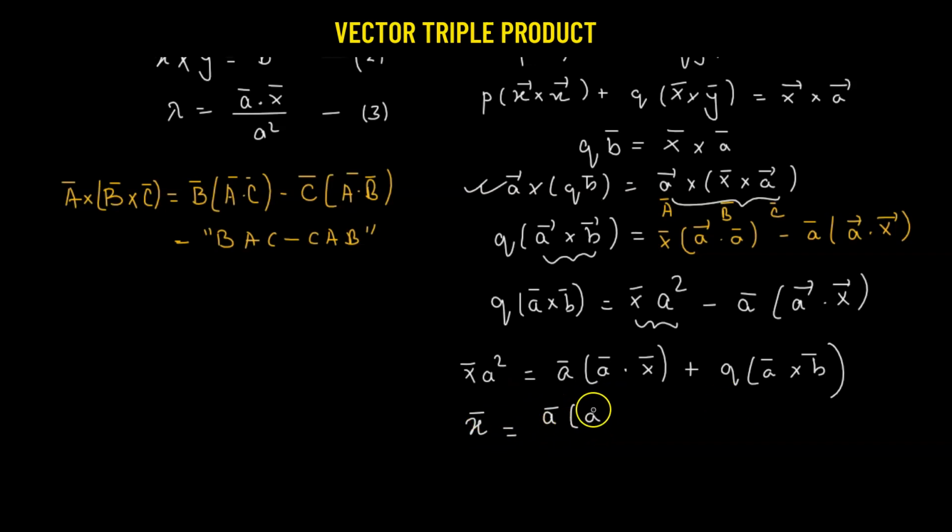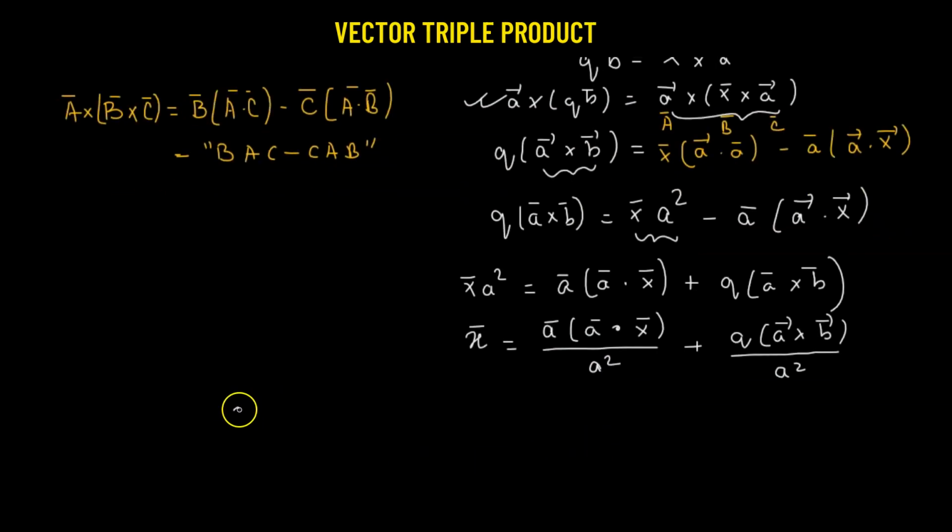So we have a vector multiplied by a dotted with x vector divided by a squared, plus q times a cross b divided by a squared. So we have obtained an expression for vector x. However, we have a dotted with x divided by a squared, so here we can use equation number 3 and replace it with lambda. This gives us x vector equals lambda times a vector plus q times a vector crossed with b vector, divided by a squared.